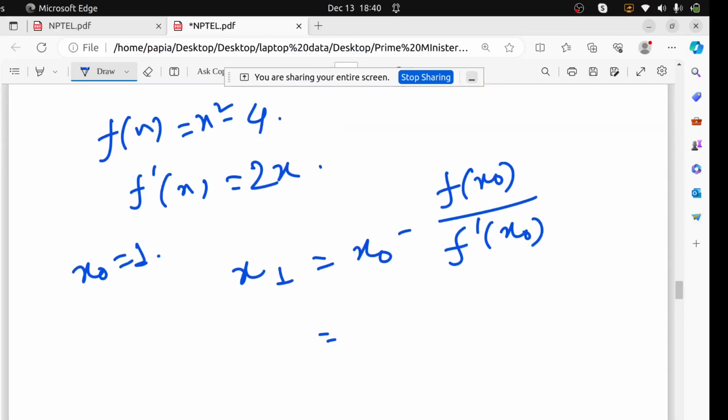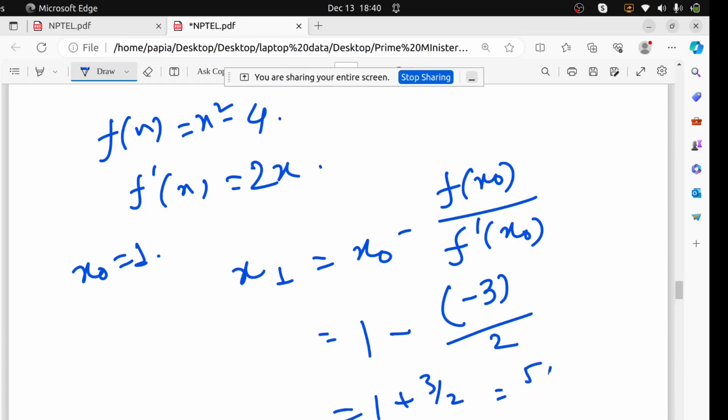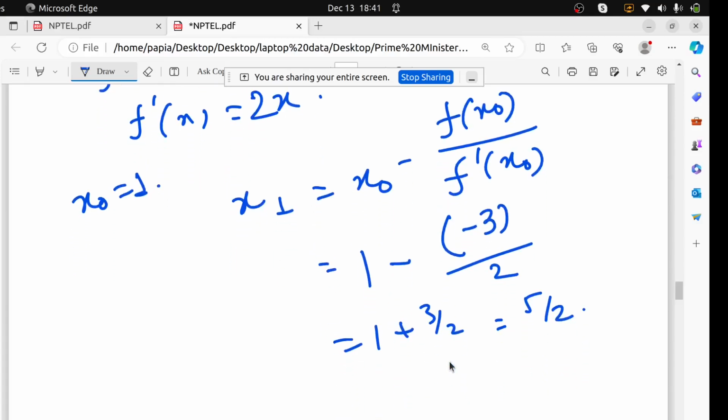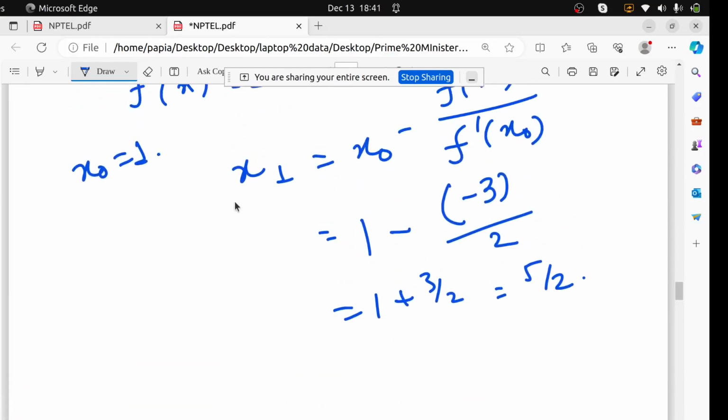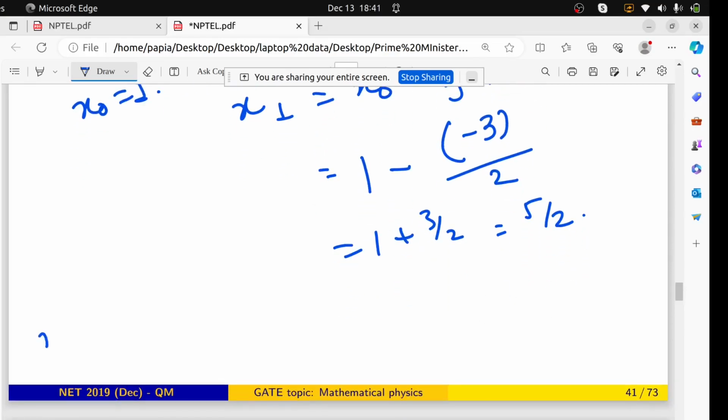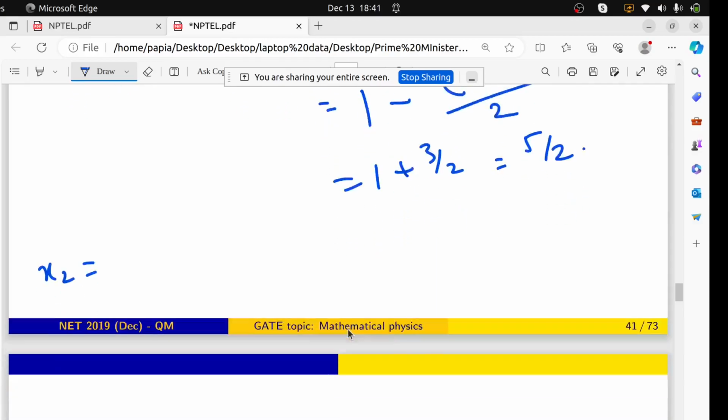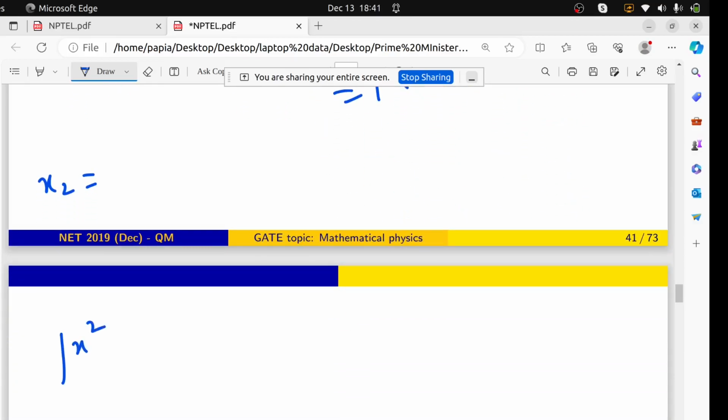So x0 was 1, 1 minus f of x0, which is 1 minus 4, that is minus 3, divided by 2 into 1, 2. So 1 plus 3 by 2, that will be 5 by 2. Now with initial condition x equals 1, I get x1 equals 5 by 2. Now they are also asking for x2, because we need to calculate this one.